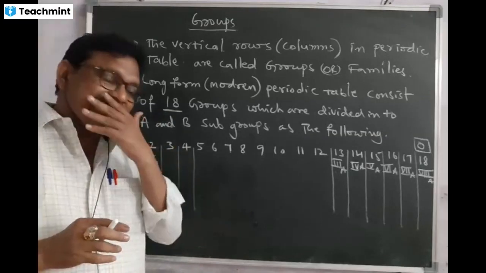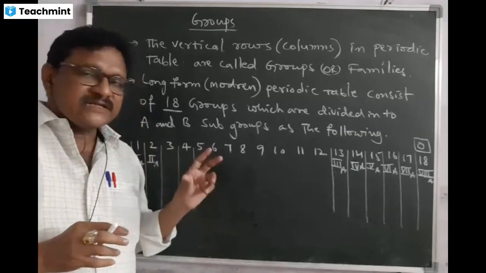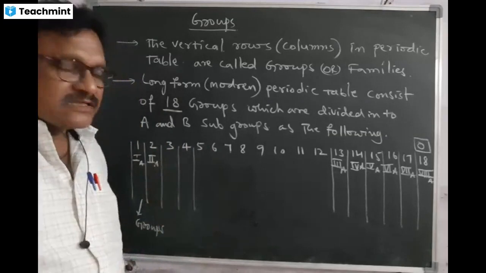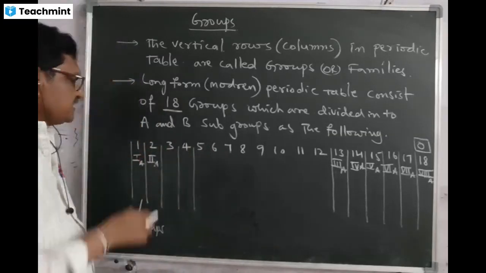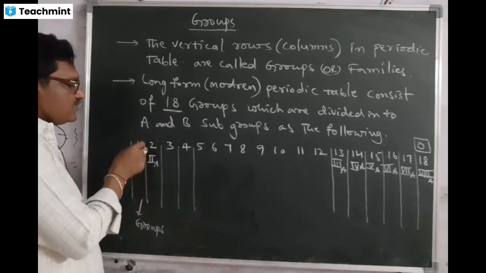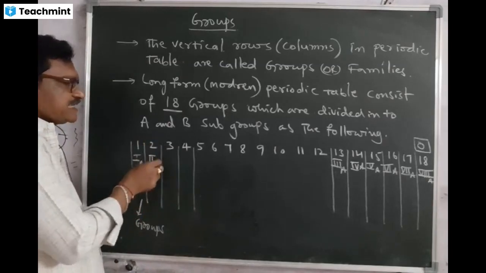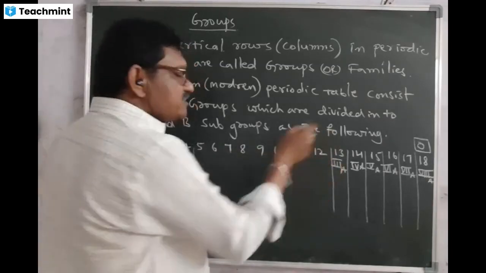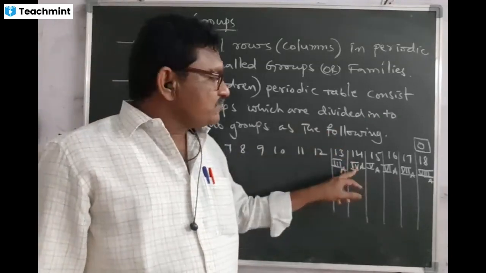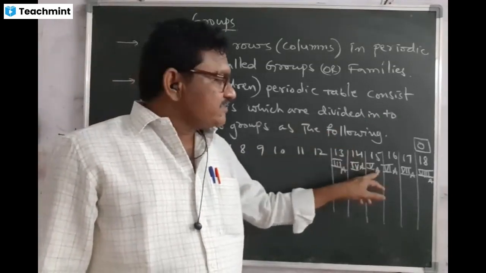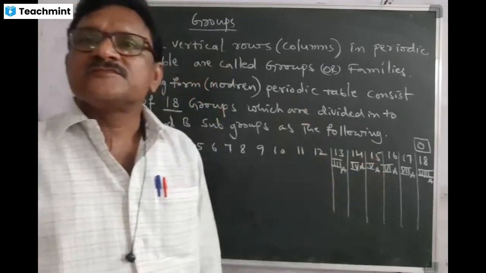So what I am telling you, try to pay attention. How can I classify the groups into sub A, sub B groups? See, once again I tell you, first group first A, second group second A. But third A group means 13th group. That thing you remember. Third A group means 13th group. Fourth A group means 14th group. Fifth A group means 15th group. Okay?